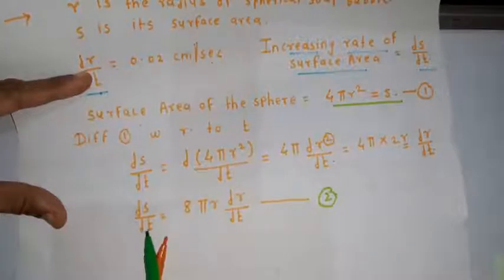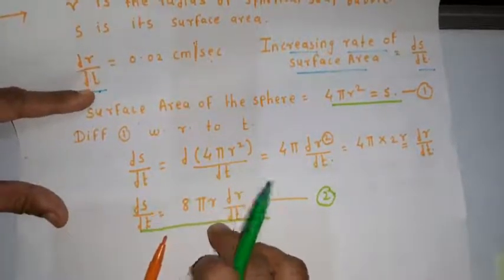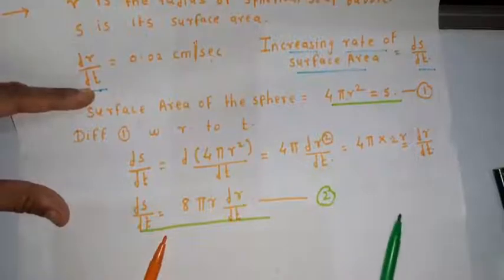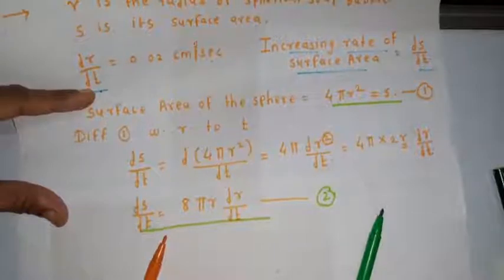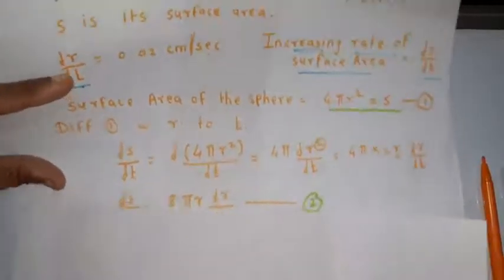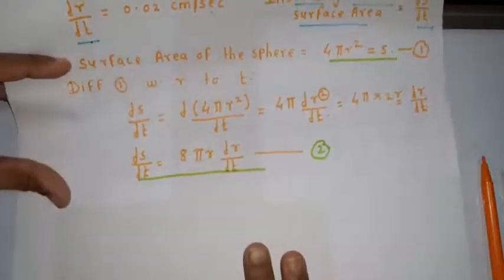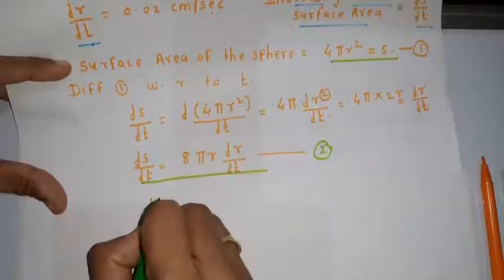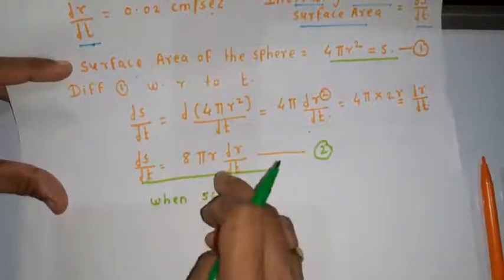And this is the expression for ds by dt that we have to find out. We have found out the expression for this. Okay students, so put the values here. So which are the values? The values are, when radius equal to 5 cm, find out ds by dt.